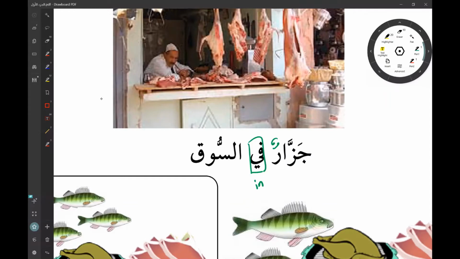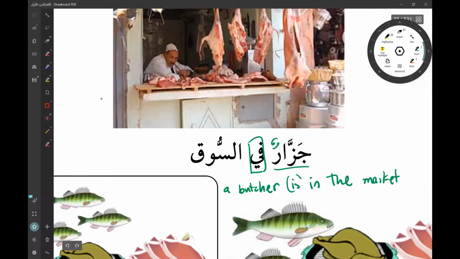Then we have as-suq, same thing, so the market. So what's the translation? A, because this is indefinite. There's no alif lam, so we have to say a butcher is in the market.